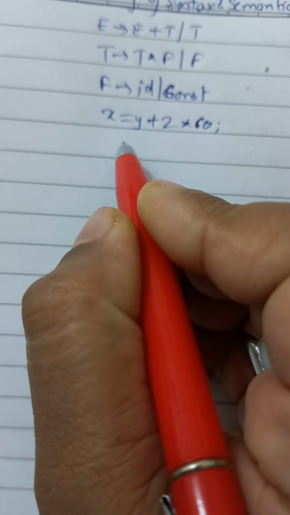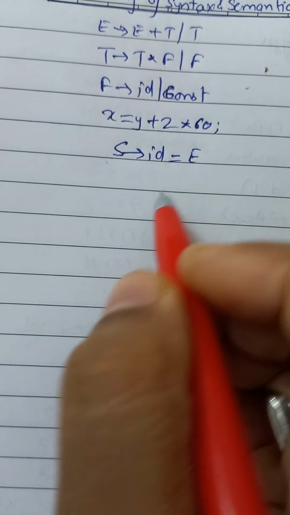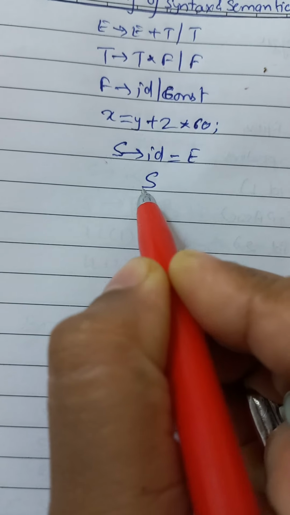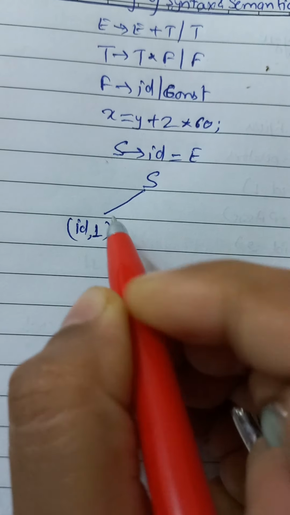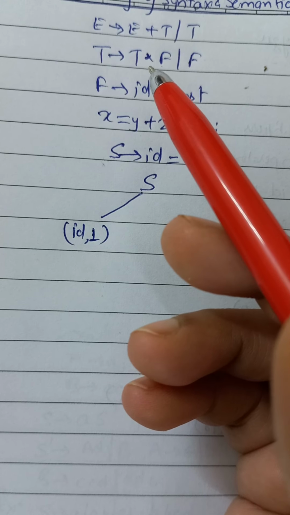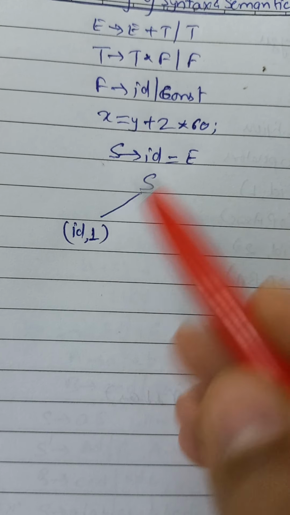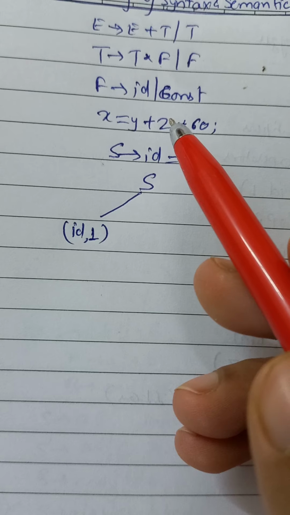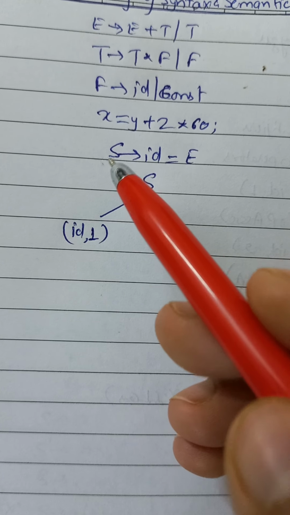Suppose we have S → id = E. We are going to write the grammar like this: S → id1, as we have seen in the last lecture how the lexical analyzer creates the tokens from this statement. According to that, the syntax analyzer works on it. Whatever the output of the lexical analyzer is, that will be the input for the syntax analyzer.